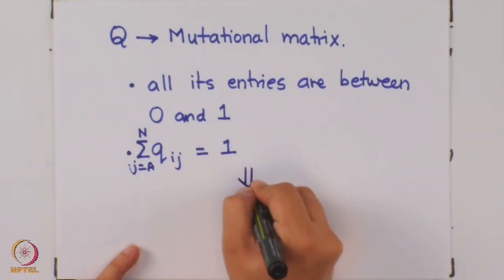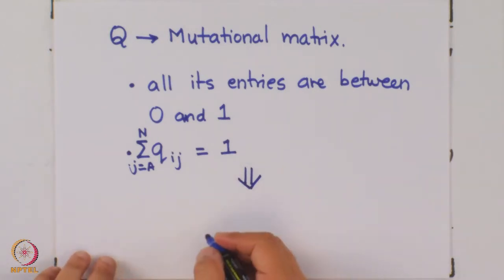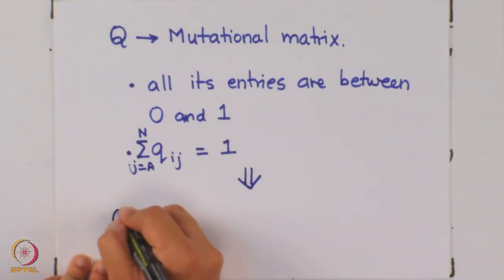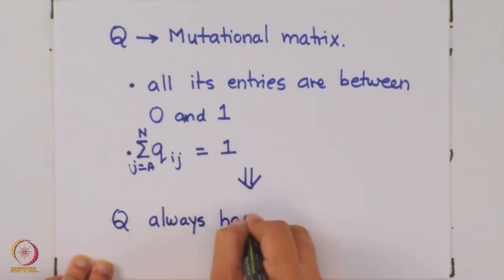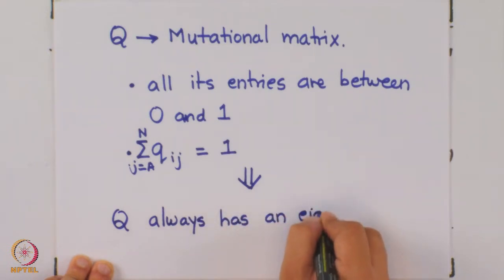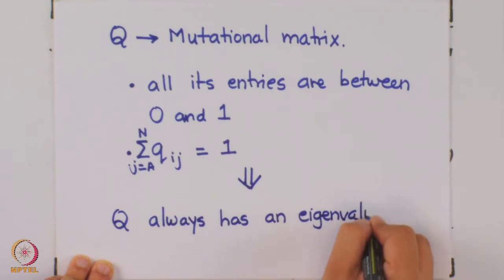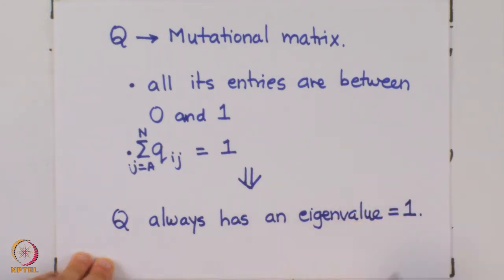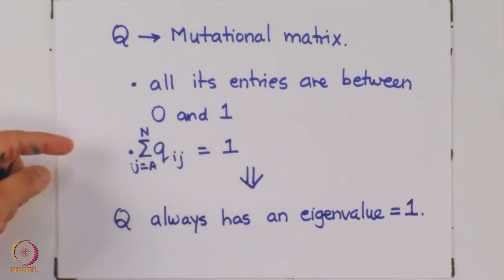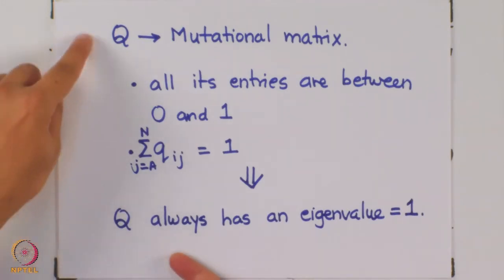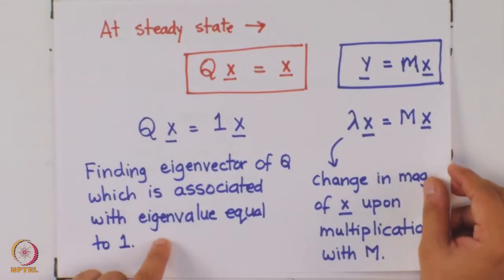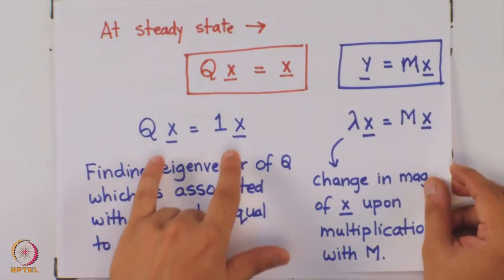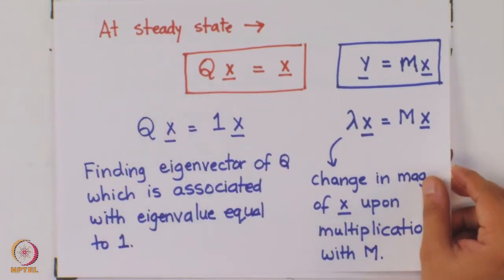When both these properties are satisfied, what linear algebra tells us is that Q always has an eigenvalue equal to 1. Because these two properties are satisfied, we are guaranteed that this mutational matrix Q always has an eigenvalue 1, which is great because 1 is the eigenvalue for which we want to find the corresponding eigenvector, which gives me the solution to the mutational problem that I started with.